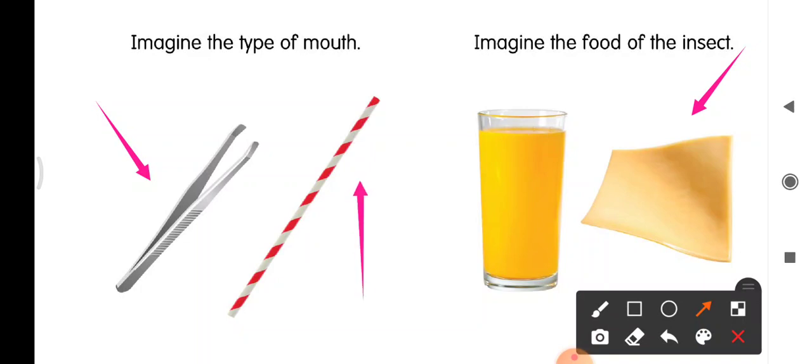A straw-like mouth is used to drink or suck the juice, whereas the tweezers are used to eat something soft like the cheese.